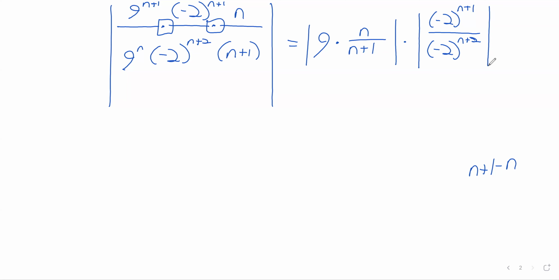We have multiplication. So we can do this. And the absolute values are just going to make the negative signs go away. So, negative 2 to a power, if we make the negative sign go away, we get positive 2 to a power.